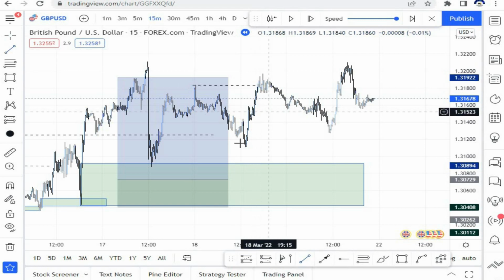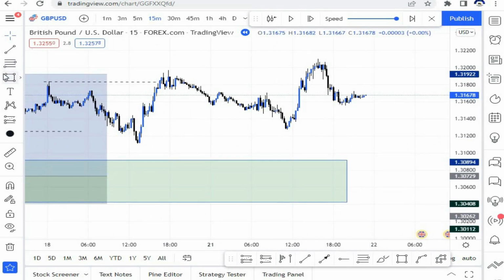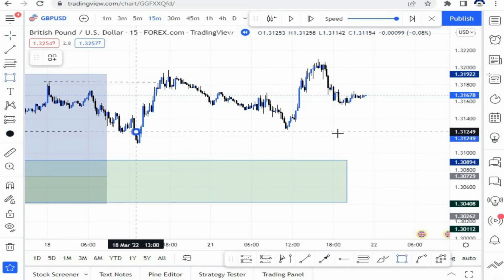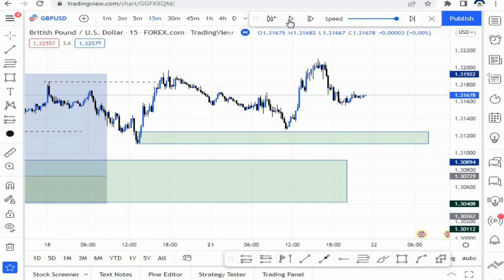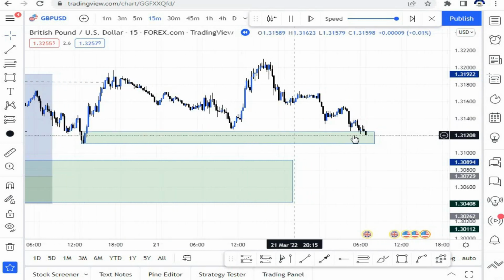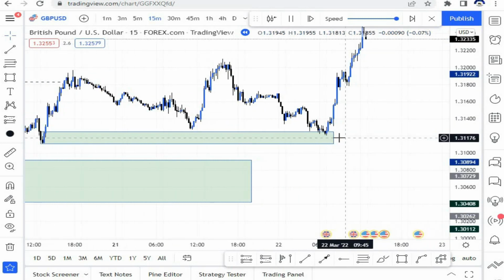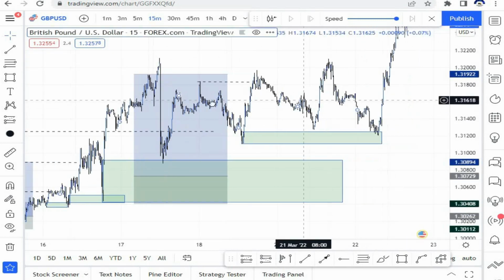The price will come back to the last opposite candlestick. As you can see, here was the demand. Let's see what the price will give us there. There was the last candlestick. As you can see, price came back in, shifted the market going up, which was going to be a good trade, as you can see, guys.